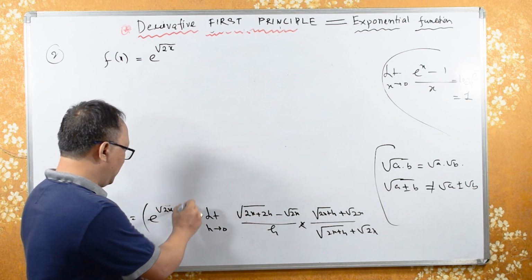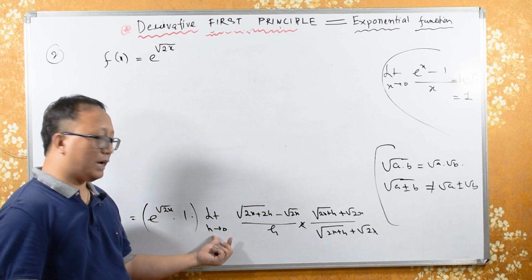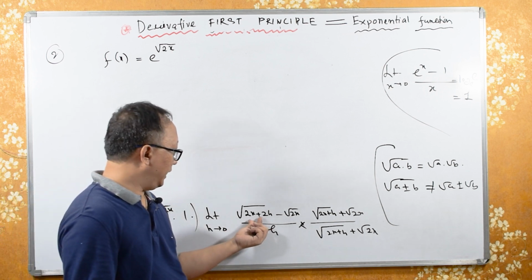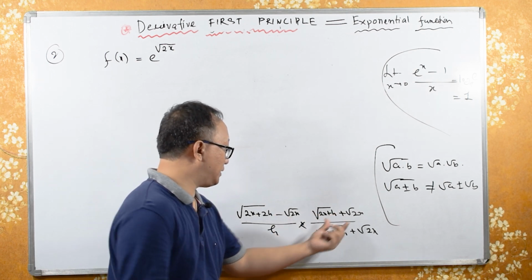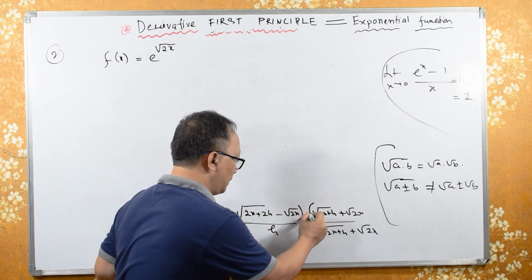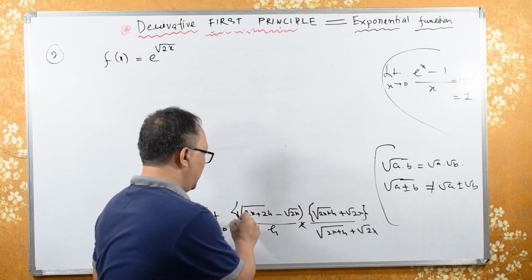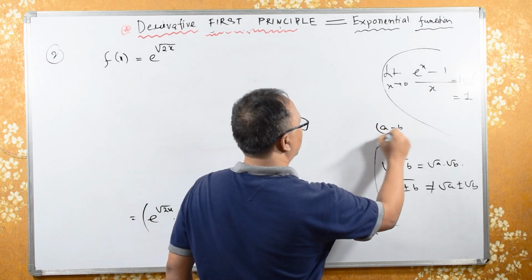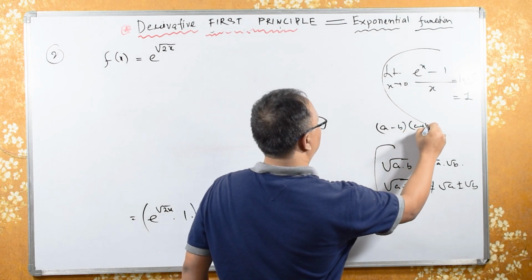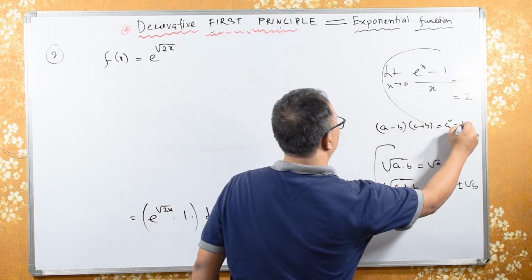This is constant. Okay, this is constant. It means h tends to 0. Okay, now here a minus b, it is of the form a minus b into a plus b equals a square minus b square.